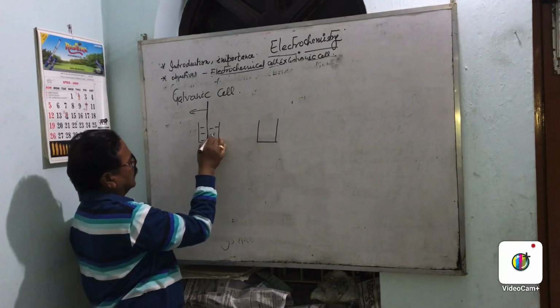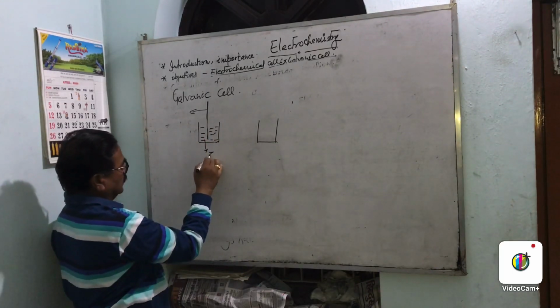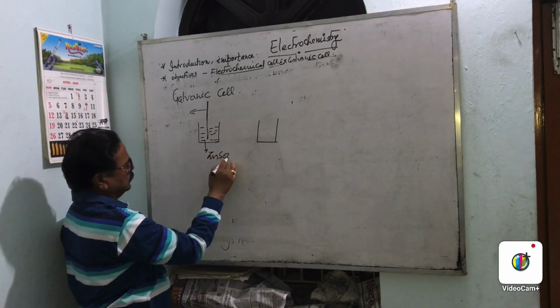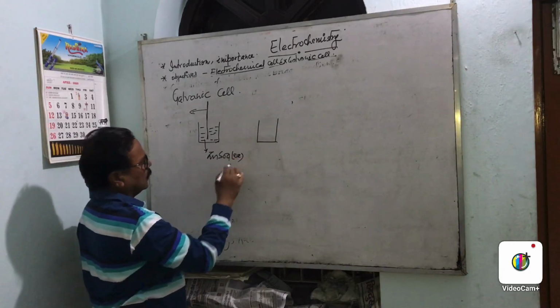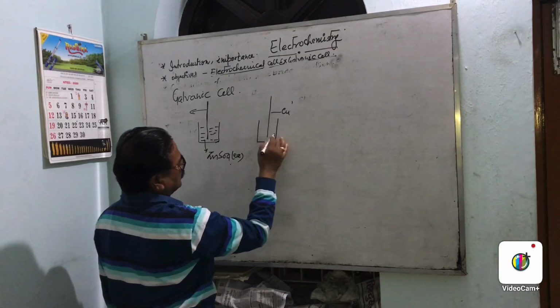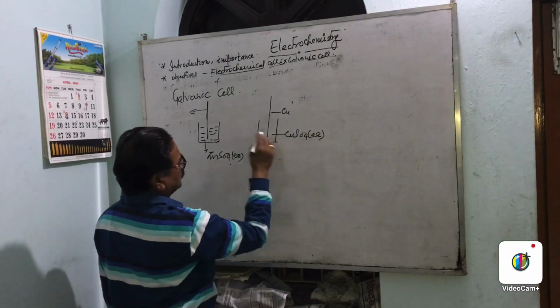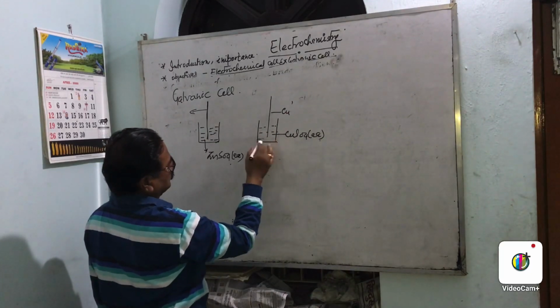When put in its ion solution, it will consume the electrode, and this is a zinc sulfate solution, aqueous. And there is a copper rod, and this one is kept in an electrolyte. This is called copper sulfate solution.